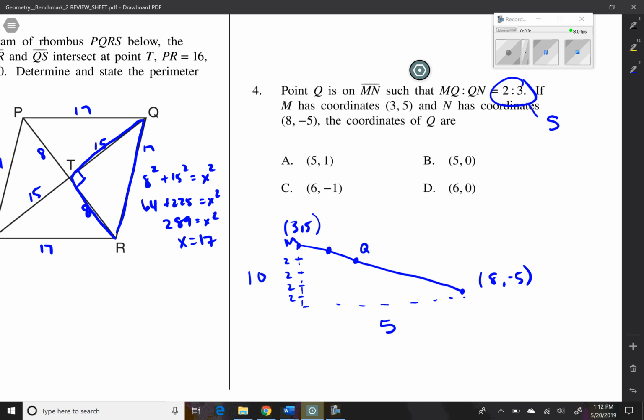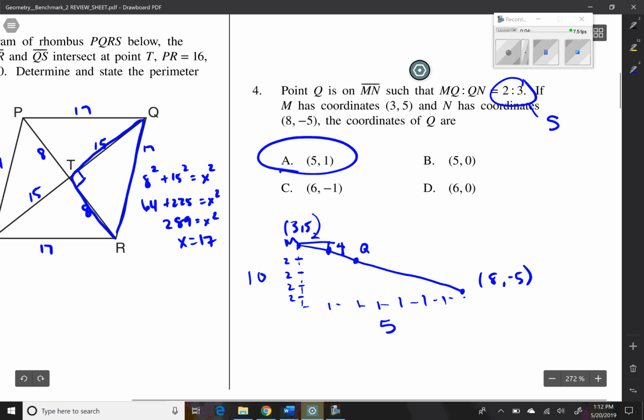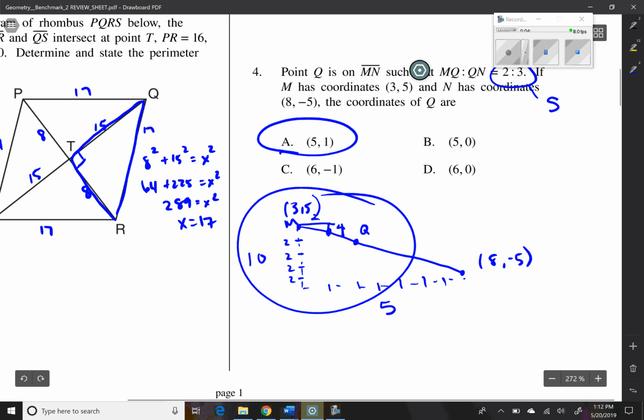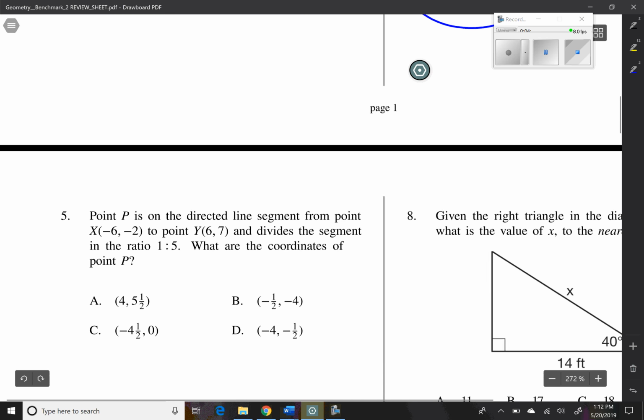So I'm going to go down 2 twice. I'm going to go to the right 1 twice because this 5 I'm going to separate into pieces of 1. So if I start at 3, 5 and I go to the right 2 and down 4, I'm at the point 5, 1. The counting of boxes thing is easier to do on your graph paper.